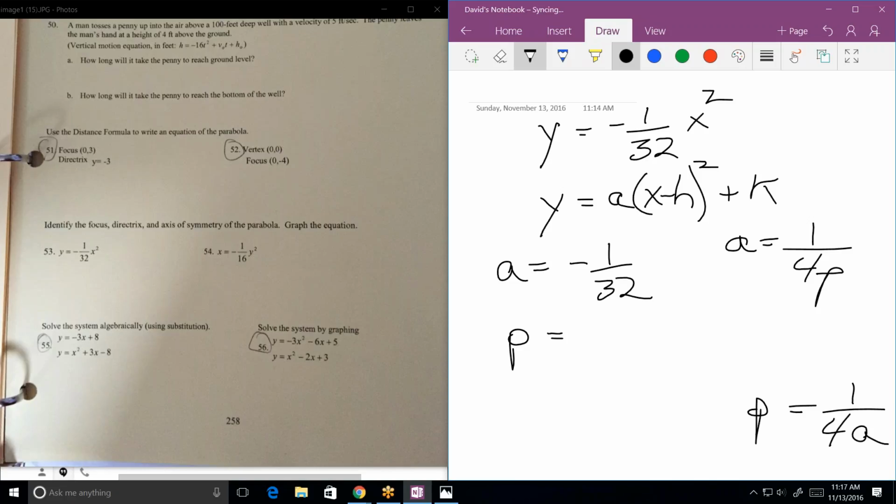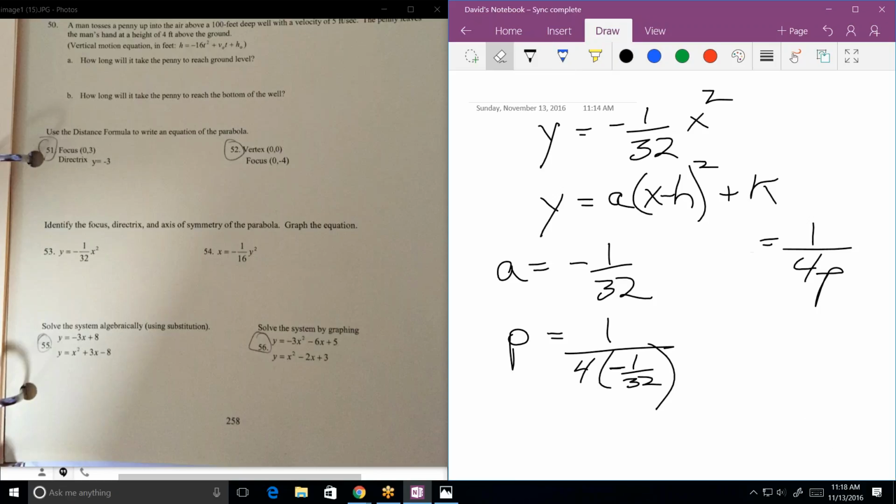So how do I do it from here? Over here on the left, what is p going to be equal to? P is going to be 1 over 4 times. Yes, do it step by step. Do not try to do this whole thing and come up with an answer in one step. What goes in the bottom? 1 over 4 times negative 1 over 32. Right. Now how do I answer that? Can you distribute 4 times negative 1/32?